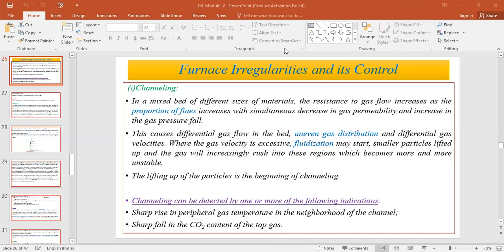But whenever the gases encounter resistance to their flow in the upward direction because of the solid burden or because of the liquid products which are formed, then certainly these gases will prefer to flow in areas where there is lower resistance to their flow. So that is nothing but the channeling.